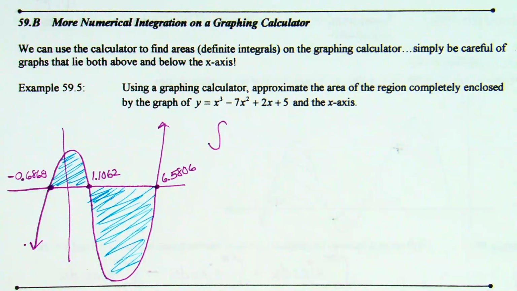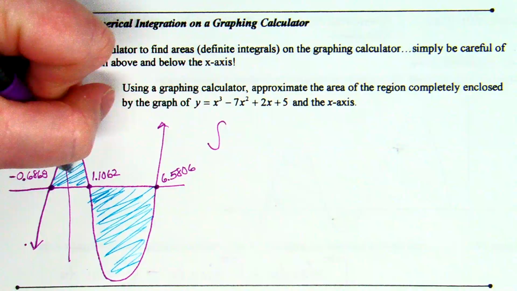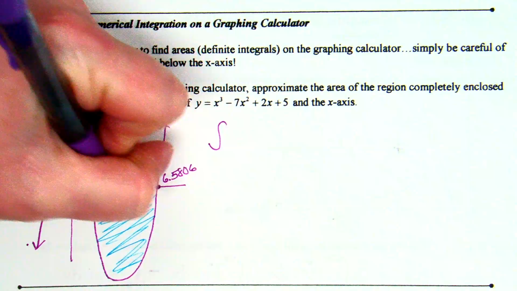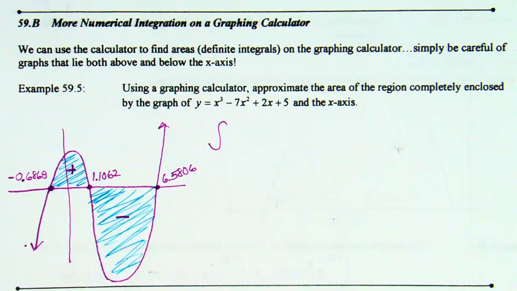Okay. And what do we know? The area above the x-axis is positive. The one below is negative. What's the first integral I set up? What are my boundaries?